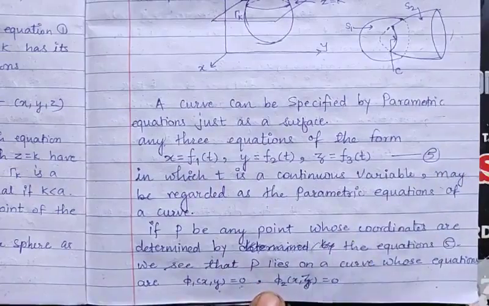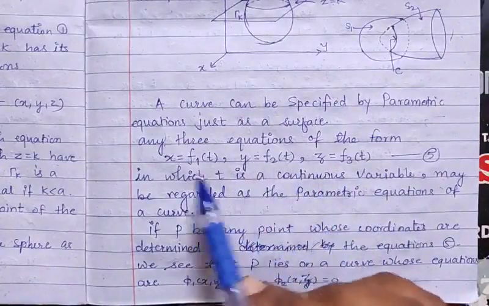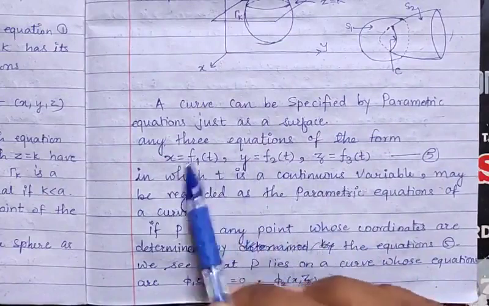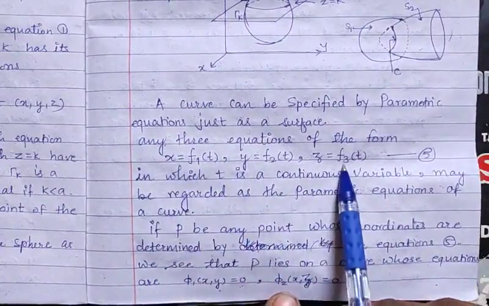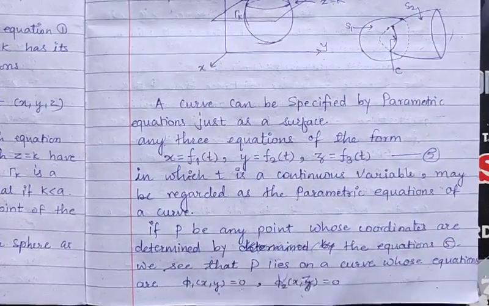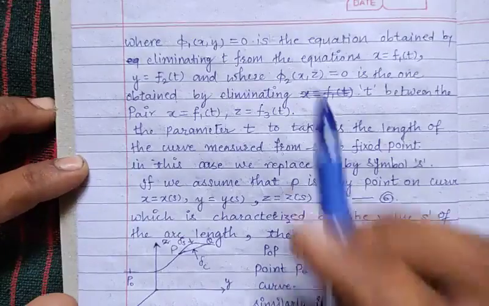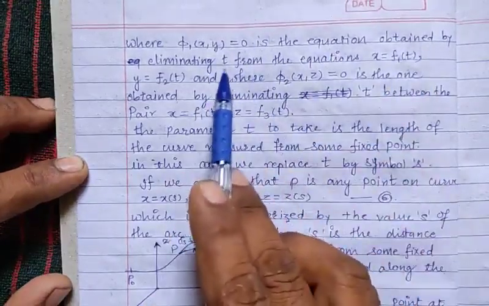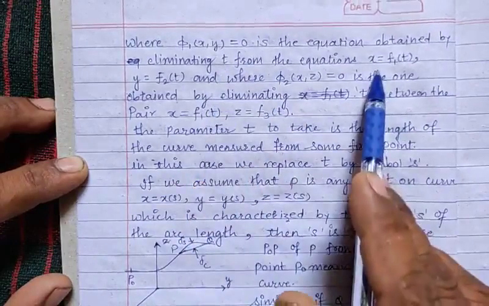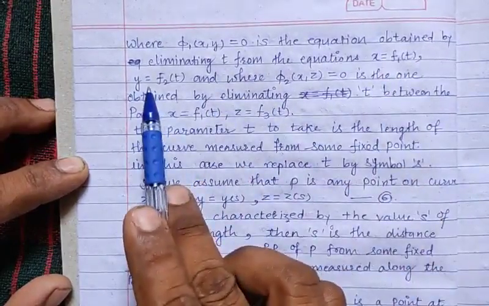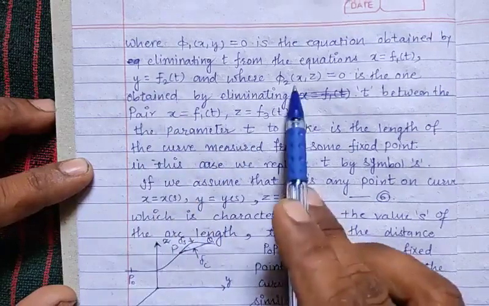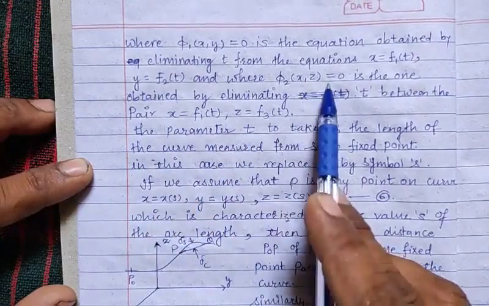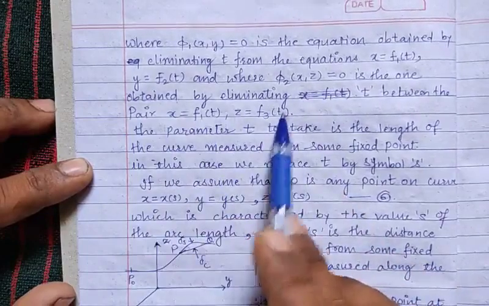Next we solve equations 1 and 3, and after eliminating t from these two equations, we get another function phi2 of x, z. So phi1 of x, y equal to 0 is the equation obtained by eliminating t from x equal to f1 of t and y equal to f2 of t, and phi2 of x, z is the equation obtained from the first and third by eliminating t.